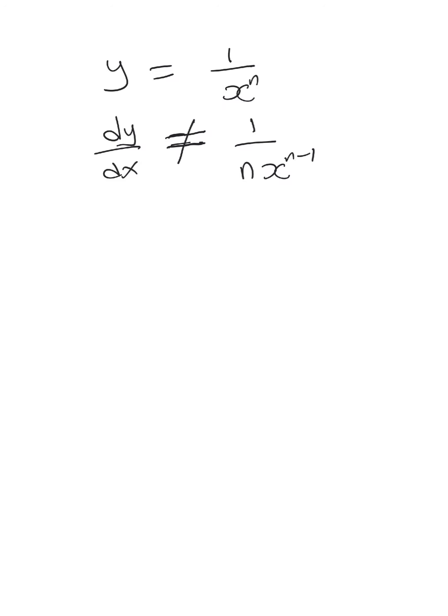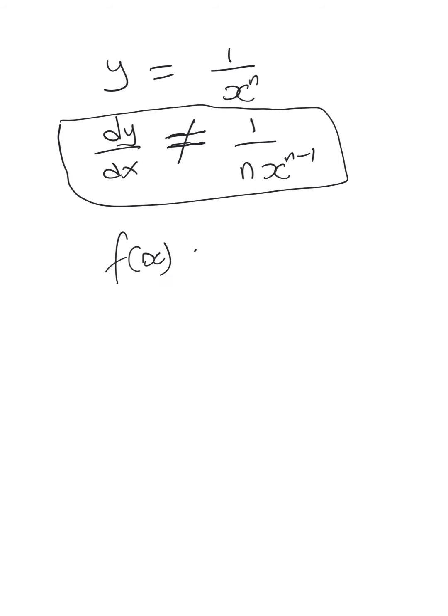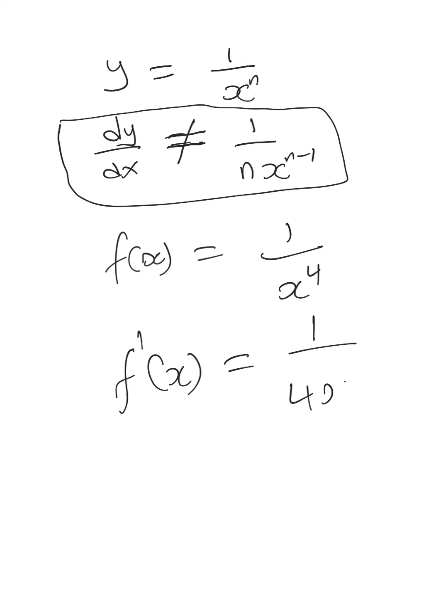It's not equal to. Do not be tempted to think that if you have f of x is 1 out of x to the power 4, then f dash of x is just going to be 1 out of 4 x cubed. Don't do that.